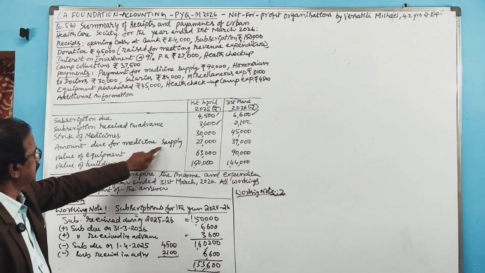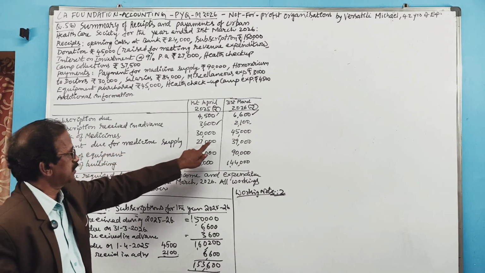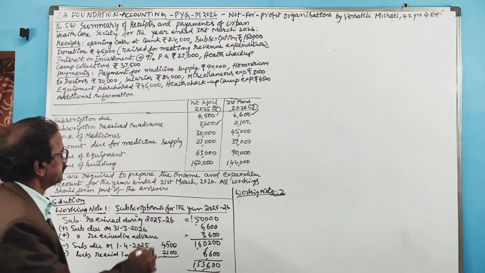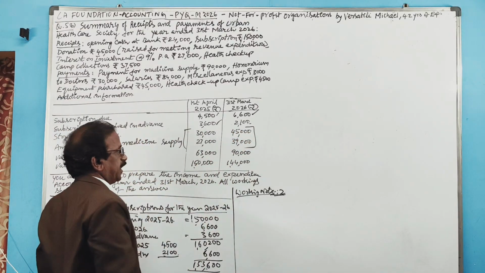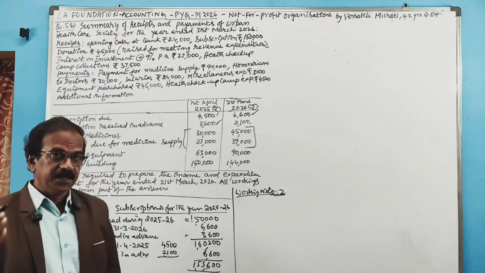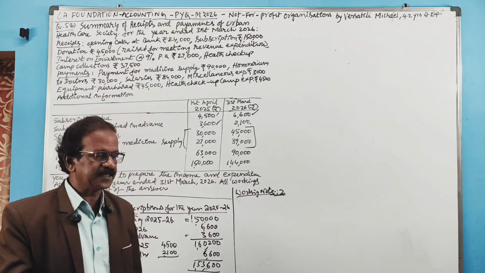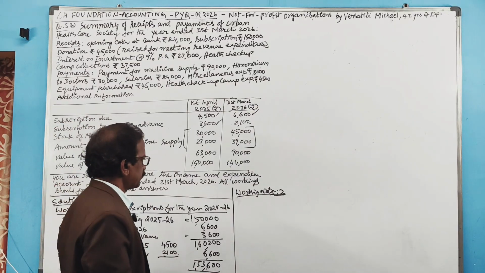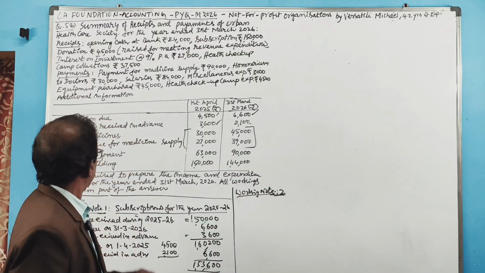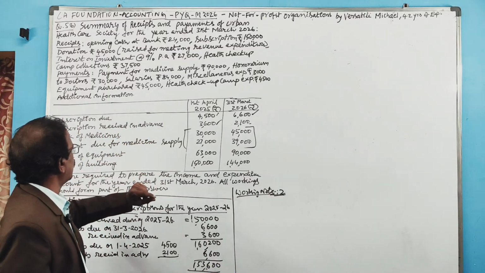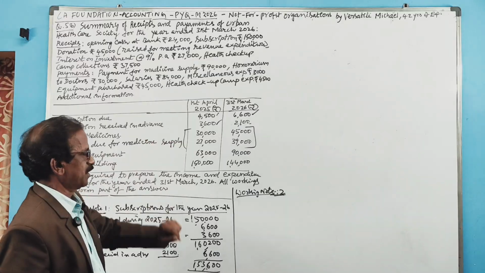Amount due for medicine supply 27,000, 39,000. From these four items, we have to arrive at the medicines consumed in two different steps. How? For this, I suggest you prepare one supplier's account and one stock account.